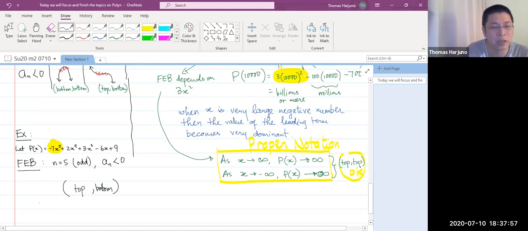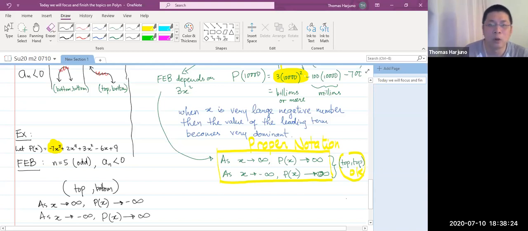Or to be more precise, as x goes to positive infinity, the P(x) will go to the bottom, which is negative infinity. And as x goes to negative infinity, the value of the polynomial will explode to positive infinity.